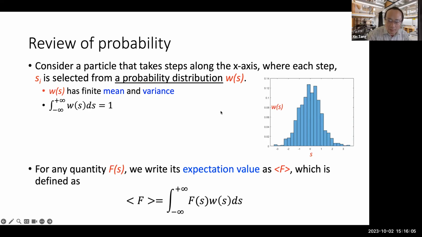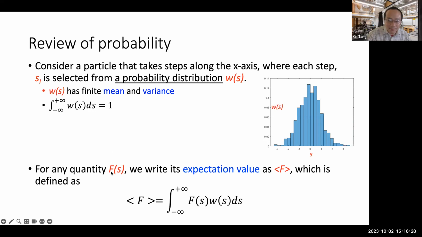Now, if we look into this deeper, let's consider a quantity that is defined by a function called f(s). This f is a function, and s is the variable inside.